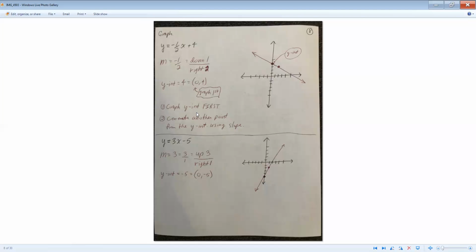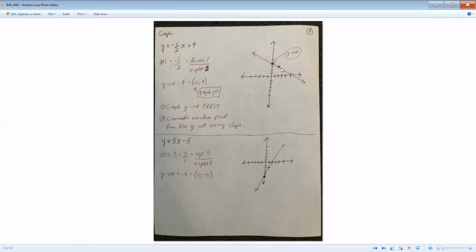So your steps to using your slopes to graph, you always graph your y-intercept first. So I'm going to graph the 0, 4 first. So it's going to be on the y-axis because remember it's your y-intercept. So you go nowhere for x and go up 4. That's my y-intercept. And then I would generate another point from the y-intercept. I don't go back to my origin. I go to the y-intercept and I go down 1 and right 2.